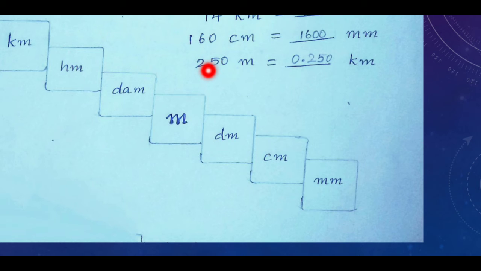Second decimal point is between 2 and 5. Third decimal point is in front of 2. So put point in front of 2. So you will get 0.250, obviously 0.250 kilometer. Okay, is it clear now?